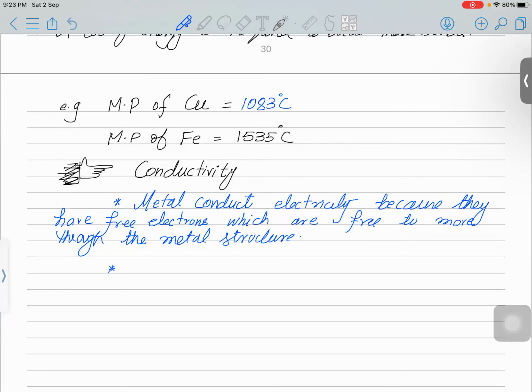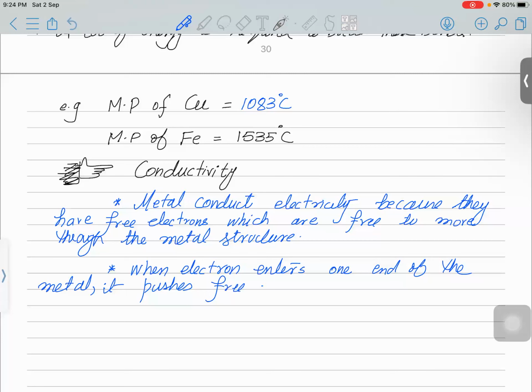Next, when an electron enters one end of the metal, it pushes free electrons of metal to move forward.